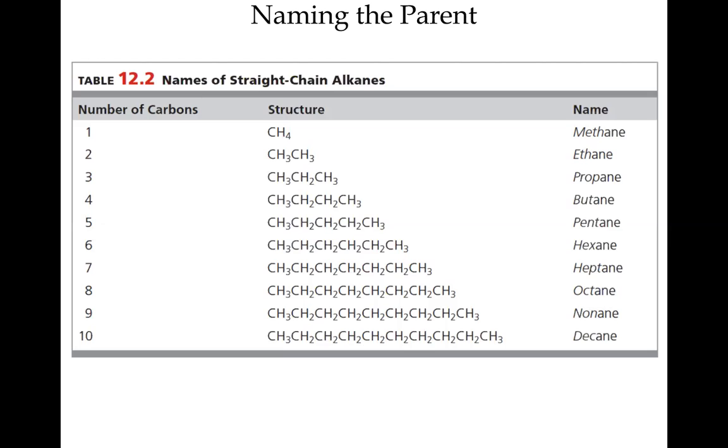And so again, to review, if you have one carbon, that's meth. Two carbons, it's eth. 3 is prop. 4 is but. 5 is pent. 6 is hex. 7 is hept. 8 is oct. 9 is non. And 10 is dec.